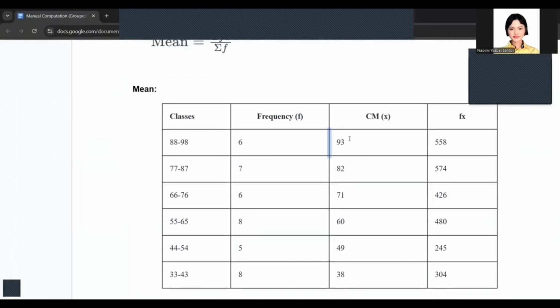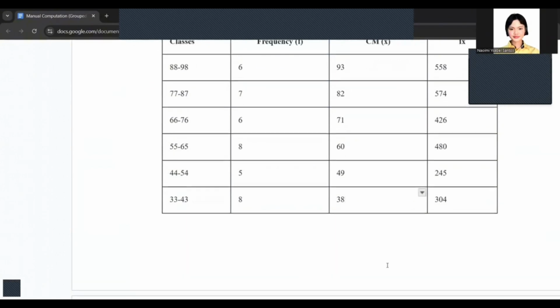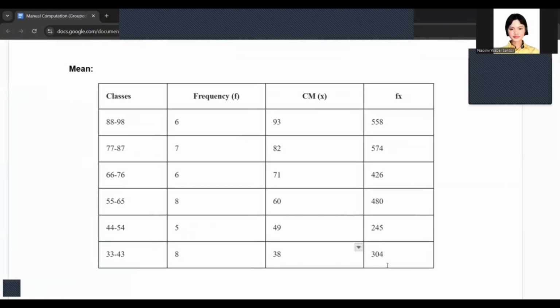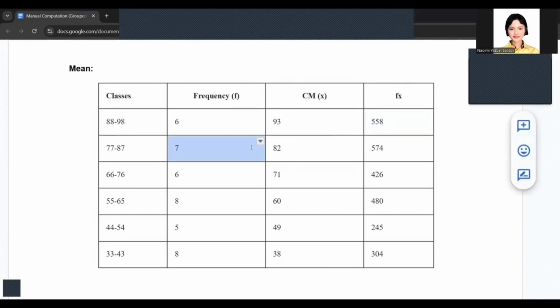So this is our FDT, which we will use as our guide in solving for the mean. The first step is multiplying our frequency with our class mark. So we have 6 times 93, and it will be equal to 558. Then 7 times 82, and it will be equal to 574.